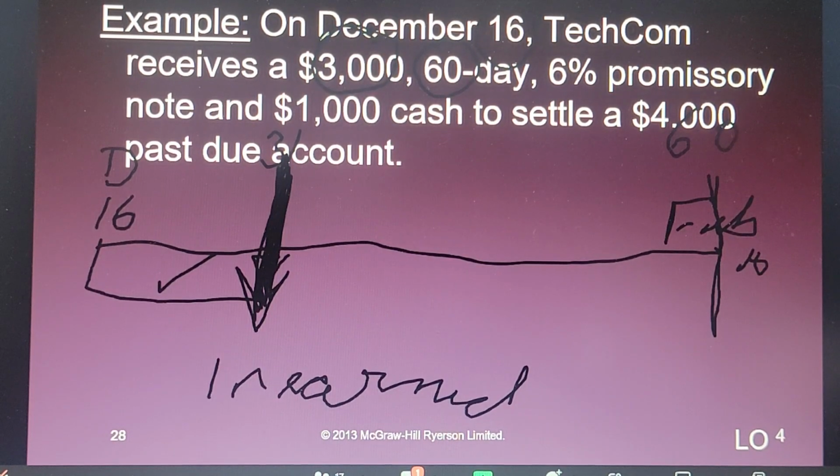For so and so days. This interest I earned, it's not paid yet to me, because the guys will pay me when?